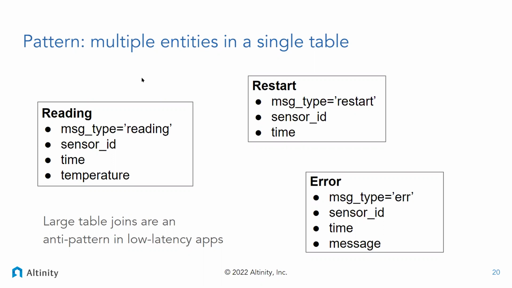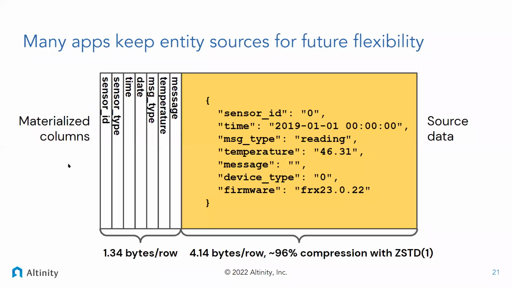And what we're going to do is store them in a single table. This is all because we're trying to avoid large table joins. They're basically an anti-pattern. So here's the schema of the data that we're reading, and these are different types of events that may be arriving related to a particular sensor ID. So let's go ahead and look at how we might store that.